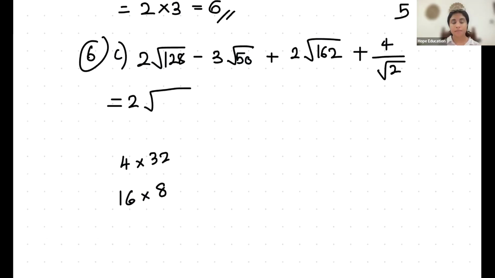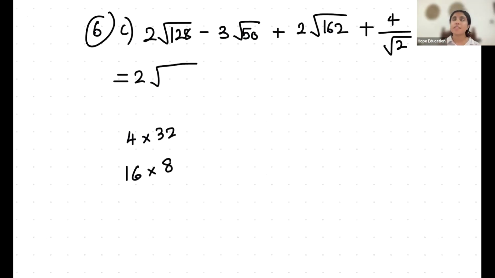After 16, the next perfect square is 25. 25 doesn't give anything. After 25, we have 36. Let's see 36 times 3.